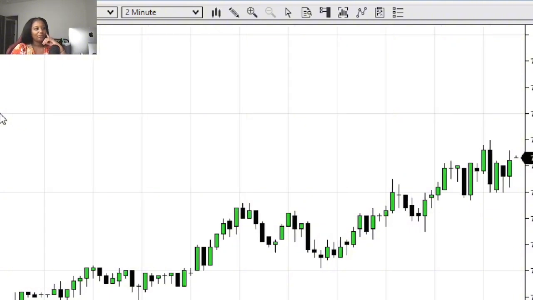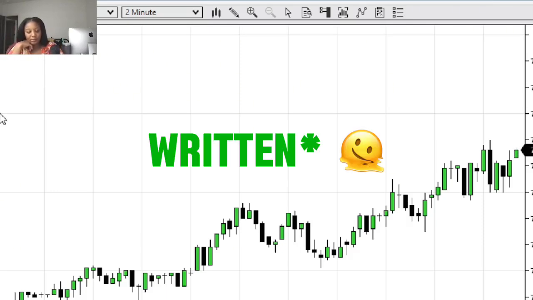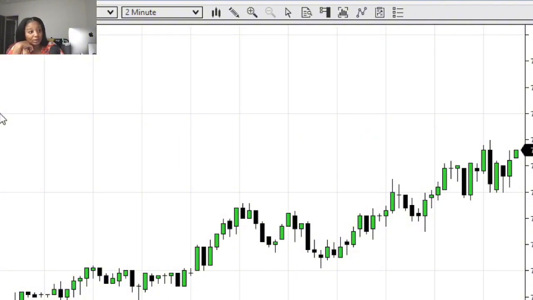What I like to look for is, again, what I had written down as far as my plan. And then I like to look for a pattern on the 15-minute chart.